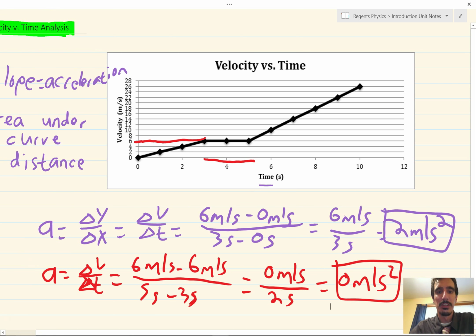What that tells us is that the person is moving, but they're moving at a constant velocity of 6 meters per second. So their speed is not changing. And we'll do the last one in a second.